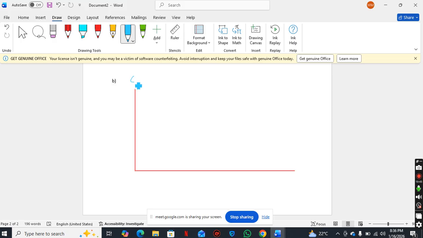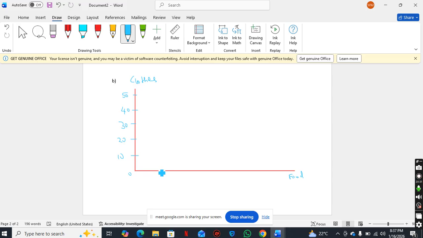So we have clothes, and we have food. For clothes we're going to have here 50, 40, 30, 20 and 10, then 0.